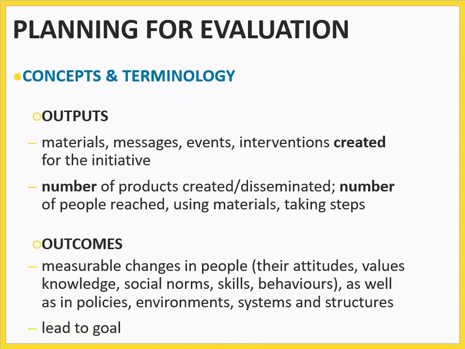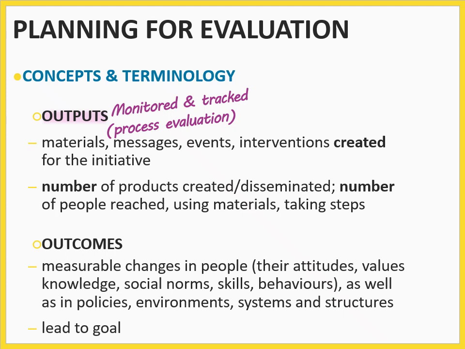Outcomes, on the other hand, are the measurable changes in people, changes in their attitudes, their values, their knowledge, their social norms, skills, behaviors, as well as changes in policies, environments, systems, and structures. These are what you expect to achieve when you design and implement the intervention. These all lead to the goal.